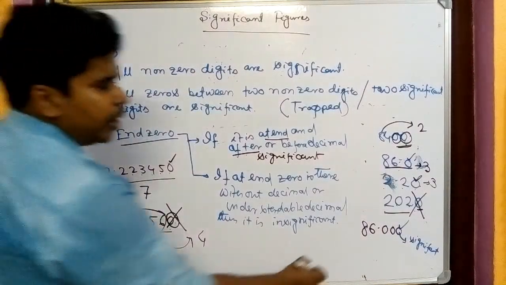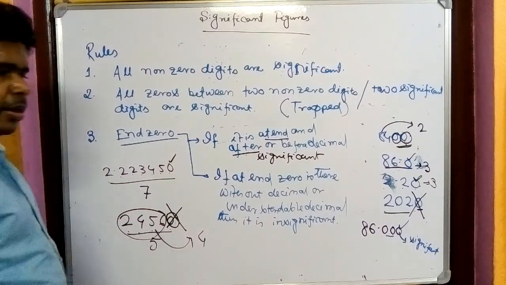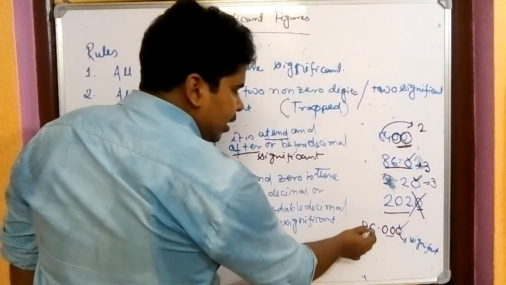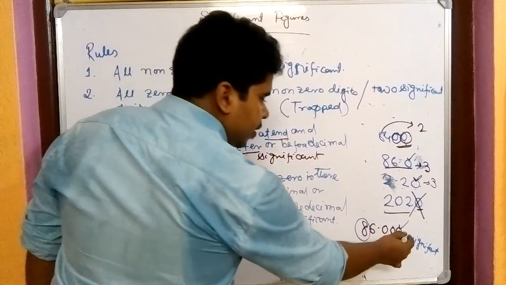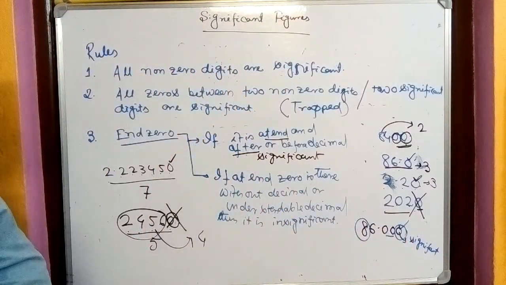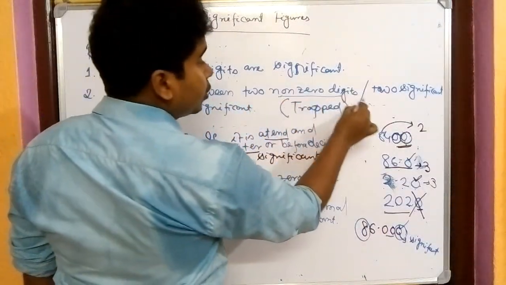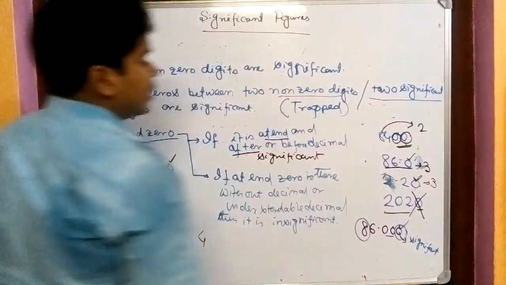Now what will be this 0? That is a big question, but the answer is very easy. See, this is significant, this is also significant. We have already told in rule number 2 that all zeros between two non-zero digits or two significant digits are significant.